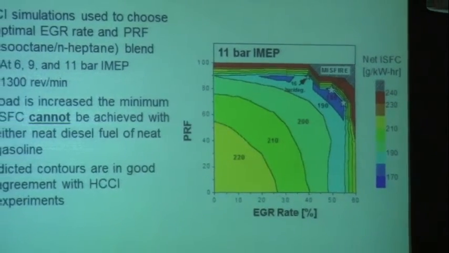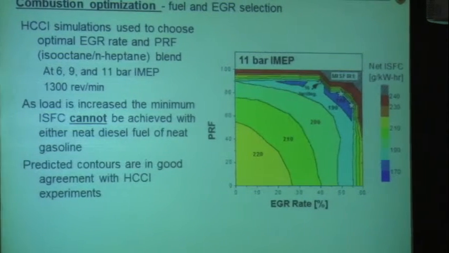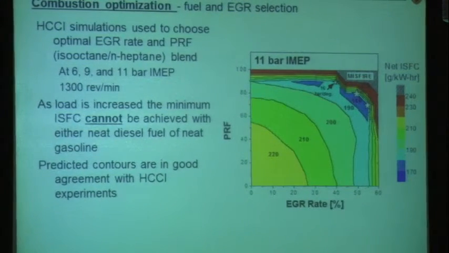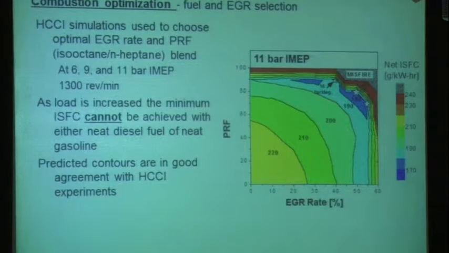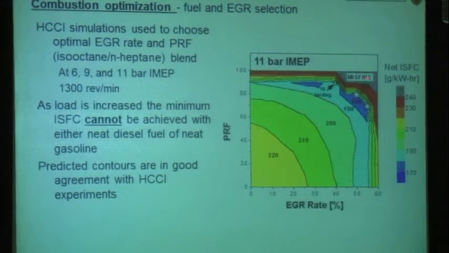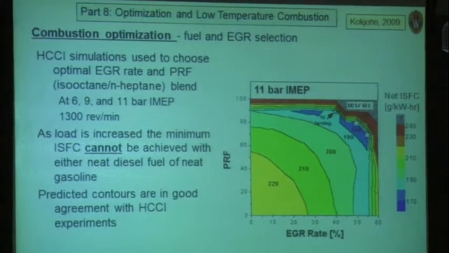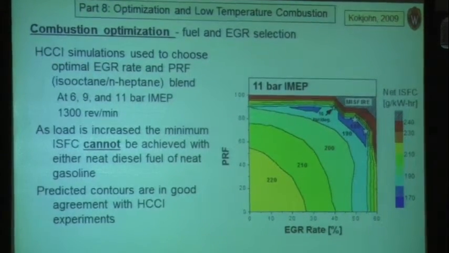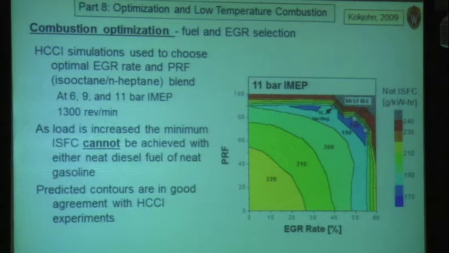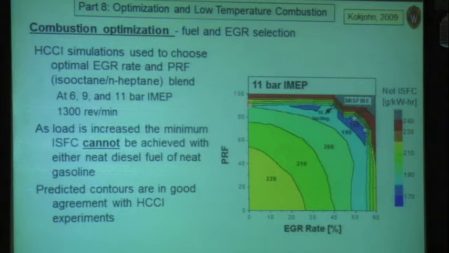And when you get to 11 bar, this is a sort of medium load point for a heavy-duty diesel engine. Again, you see there's a range of EGR rates that lead to misfire. In other words, the ignition delay is so long that in the time available at 1300 RPM, you don't get combustion. But there are ranges here where you can get reasonable combustion as long as you're operating with PRF numbers or octane numbers suitable.